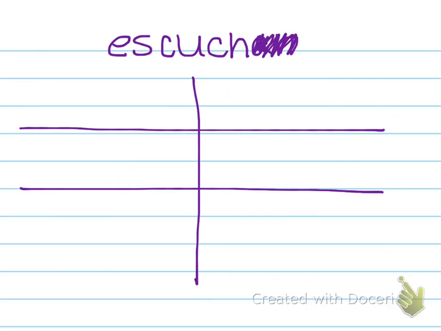And you're left with escuch. Then you will add the appropriate endings to form the different whoever's speaking forms. You'll see. So if you want to say I listen, it's escucho.